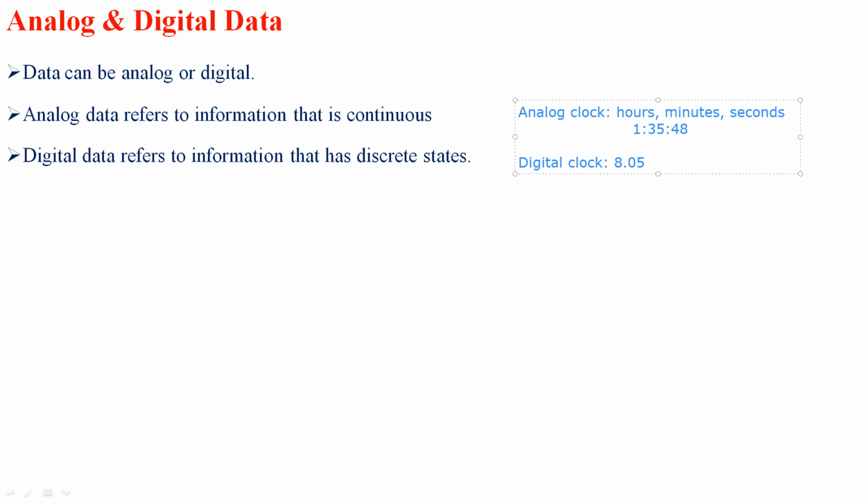Then it never displays anything about seconds. It changes from 8:05 to 8:06, right? So this is called a discrete state. The information is discrete and doesn't display continuous entities. So this is an example of digital data.